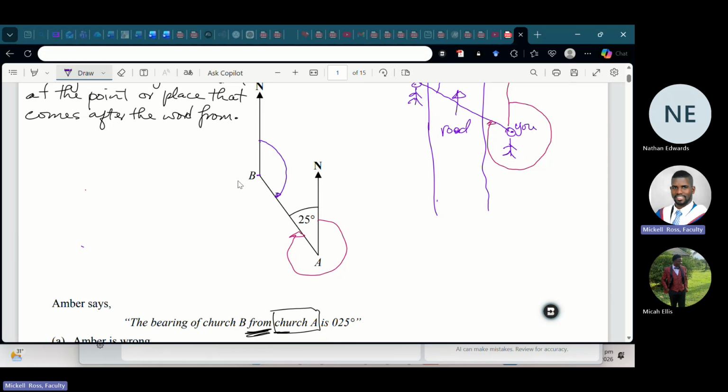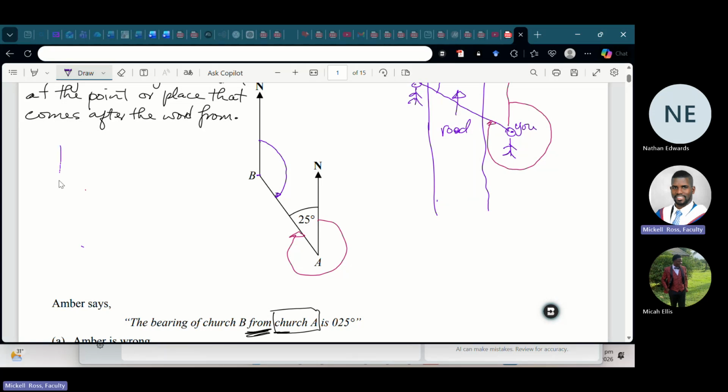So if I am at B, what angle do I need to turn my head until I'm looking at A? So that's what we are talking about. So I'm at B because the bearing is being measured from B. What angle do I need to turn my head until I'm looking at A?